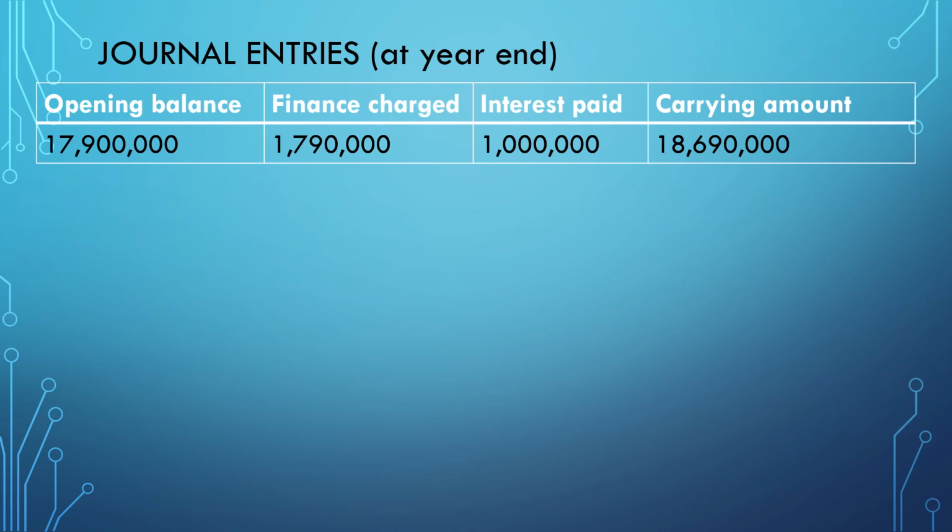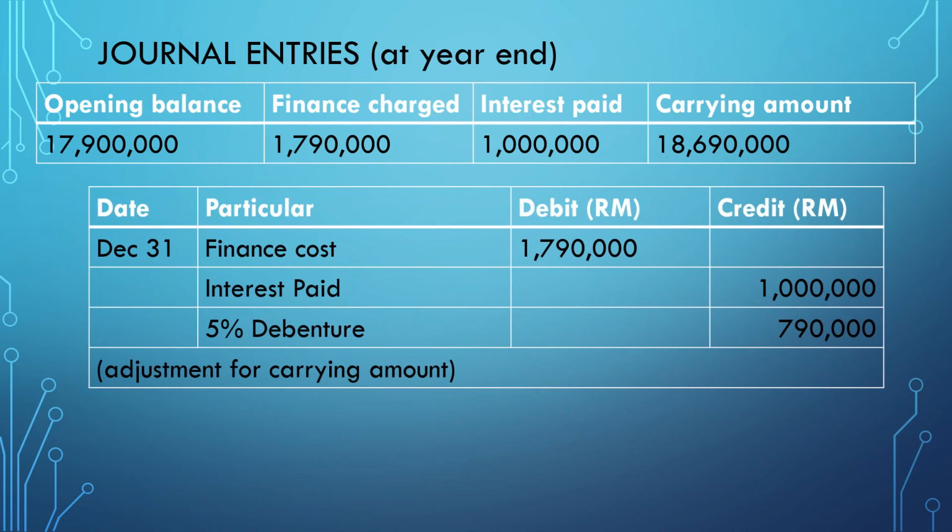So once we have the amount calculated, the journal entries at the year end will show that the finance cost is debited 1,790,000, interest paid is credited 1 million, and the value of 5% debenture will be increased by crediting it 790,000.